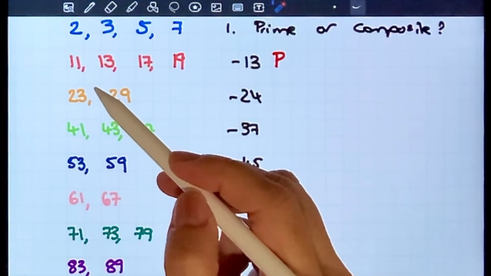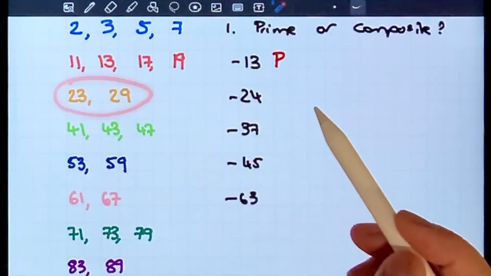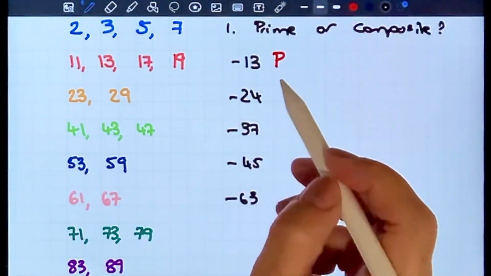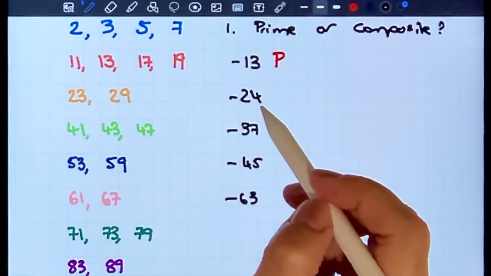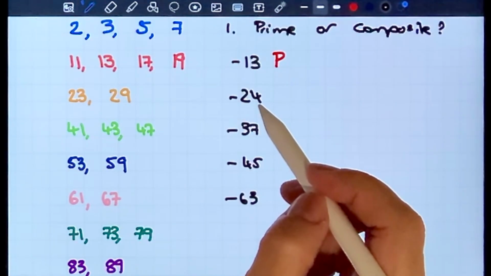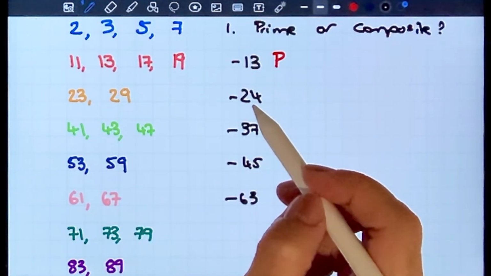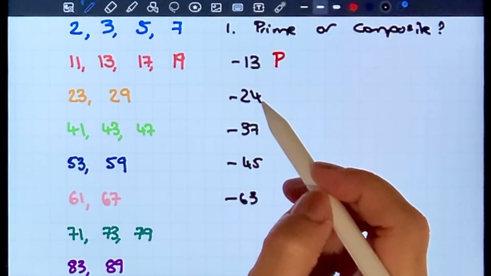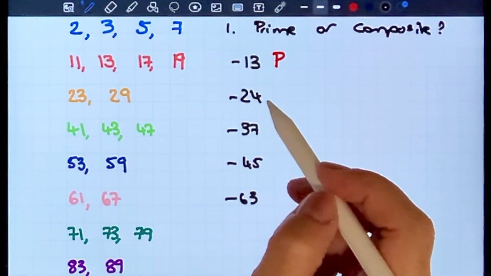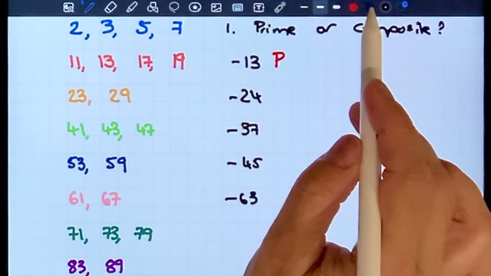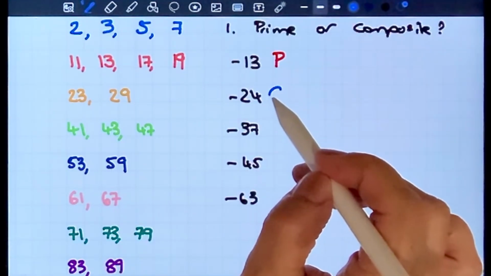I don't see it in my list of primes, and when I think about it, 24 has more than 2 factors. Just being an even number, I already know it's divisible by 2, so that already tells me it's not a prime number. And it has other factors like 3 and 4 and 6 and 8. So 24 is a composite number.